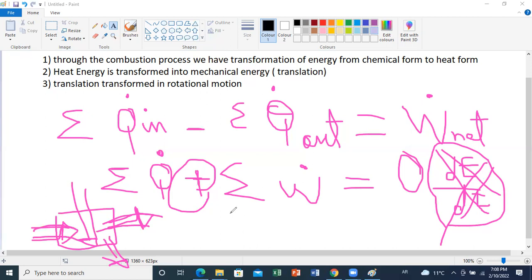Now, how we play with conventions: some books consider that a system with positive work is producing work, so it gives work to the outer environment. So in this convention, every work rate produced by the system is positive, and every work rate done on the system is negative.